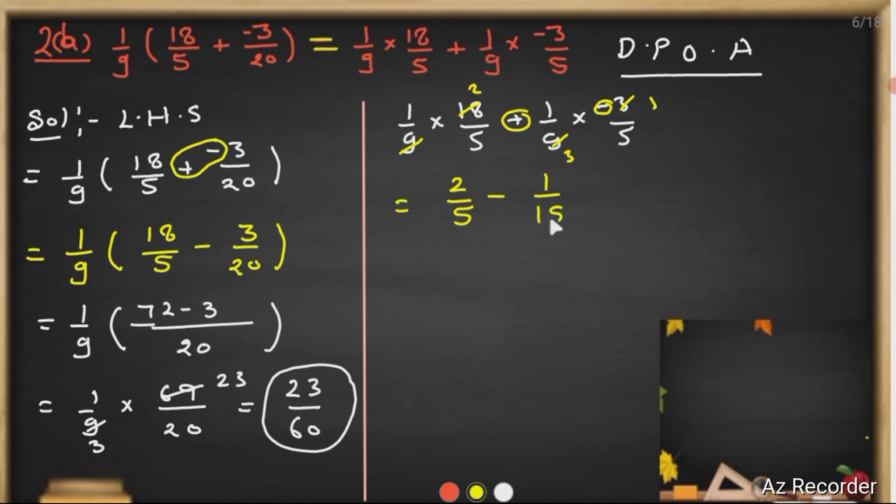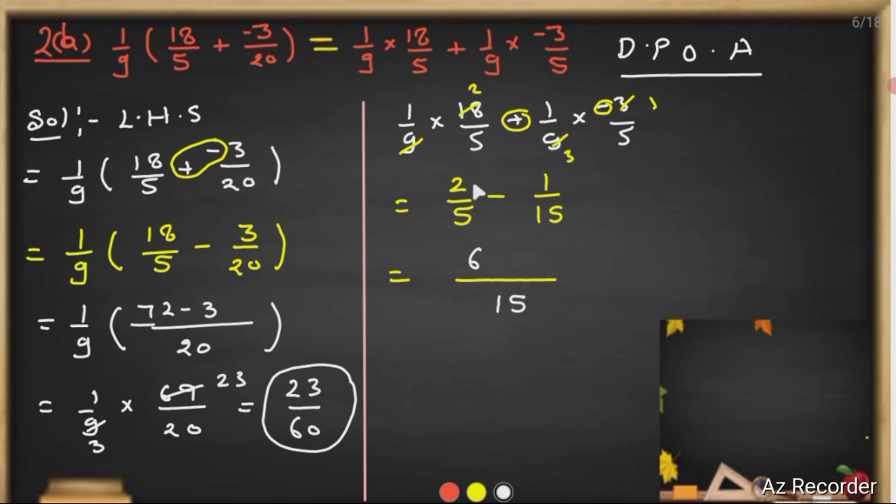1 upon 15 here. So now you have to take the LCM. So the LCM, my dear students, is 15 here. So 5 goes into 15 3 times and 3 twos are 6. What am I doing? Yeah, this 5 is here. 9 twos are 18 and this is 3, this is 15.